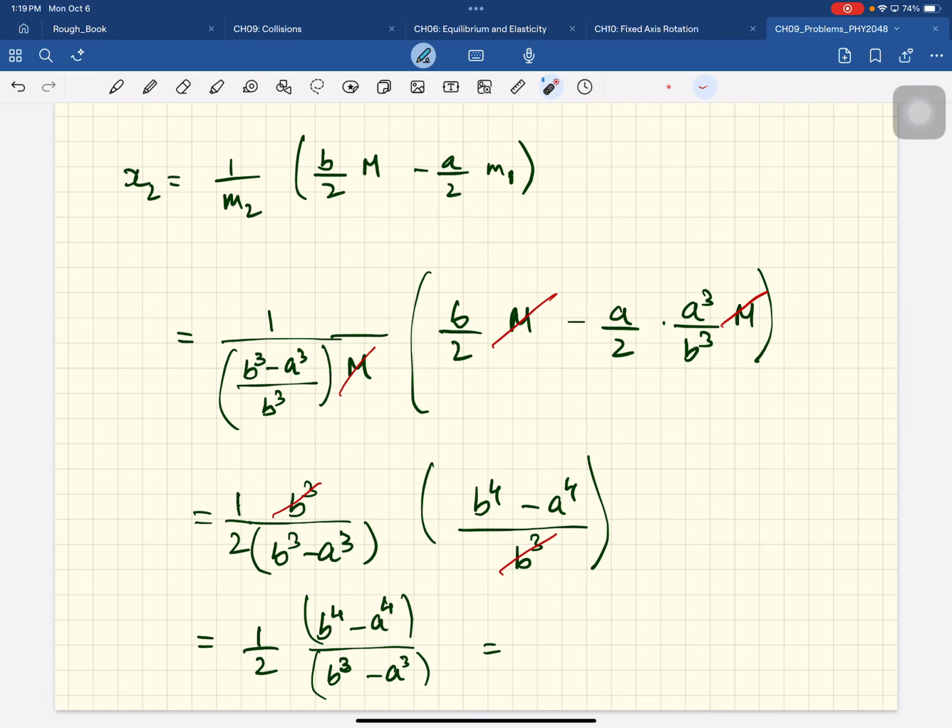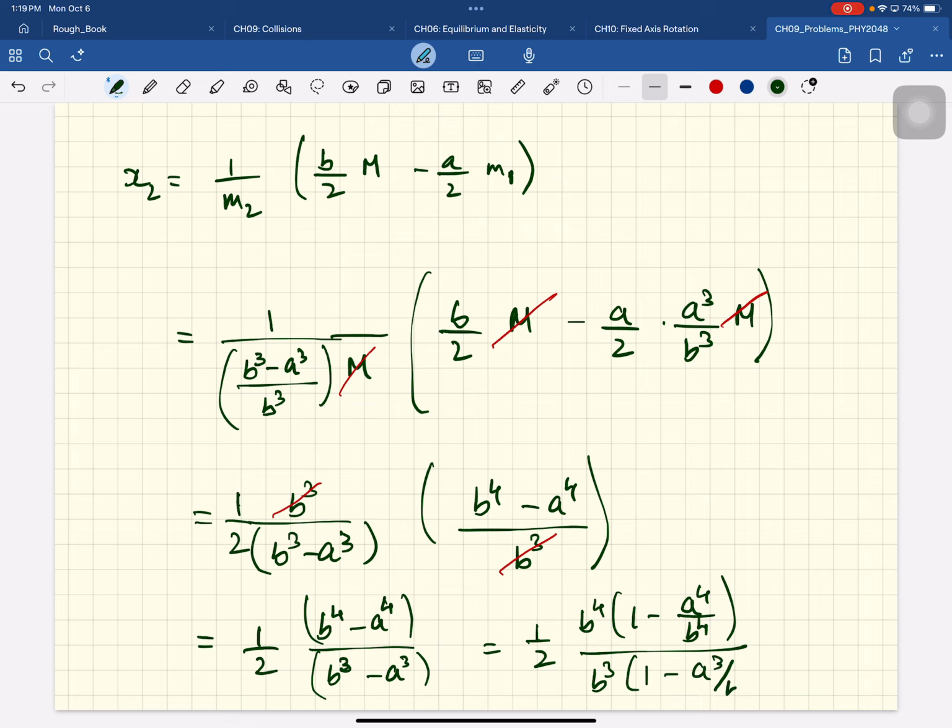This is just for the x coordinate. I'll pull out B to the power 4 at the top, 1 minus A to the power 4 over B to the power 4, and do the same in the denominator, B cubed times 1 minus A cubed over B cubed.